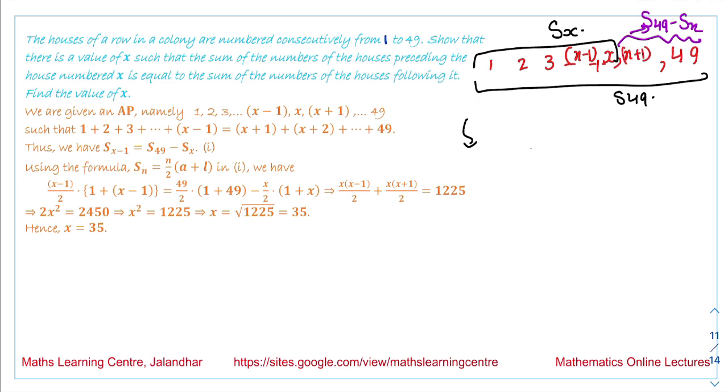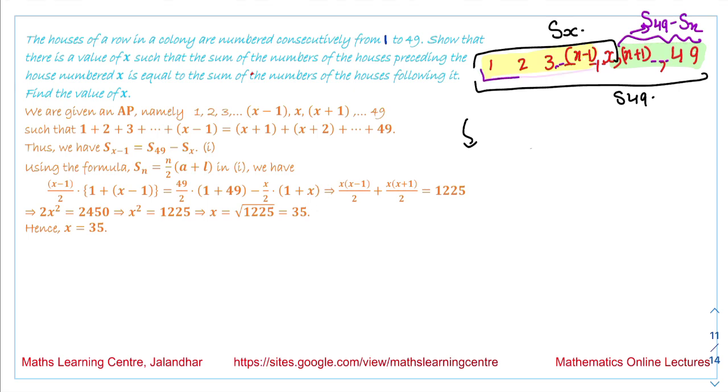We have to show that there is a value x such that the sum of the numbers of houses preceding this value, we are talking about the sum of all these numbers, is equal to the sum of all the houses following it.